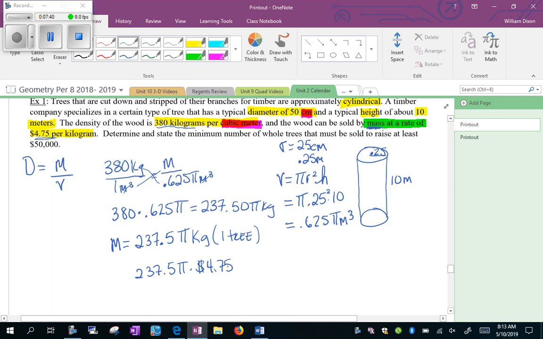When we do that, we get a dollar amount of 1,128.125 pi. And remember, leave the pi. We're going to use that in our last calculation, because you want to know how many trees you need to sell to raise at least $50,000.